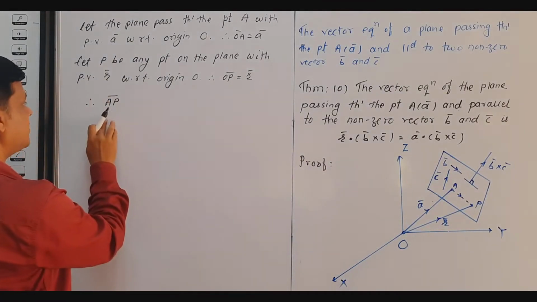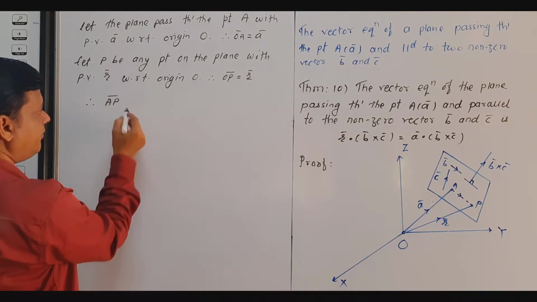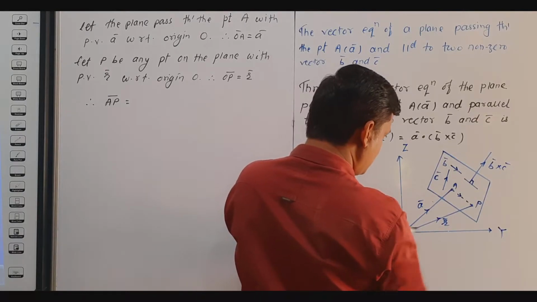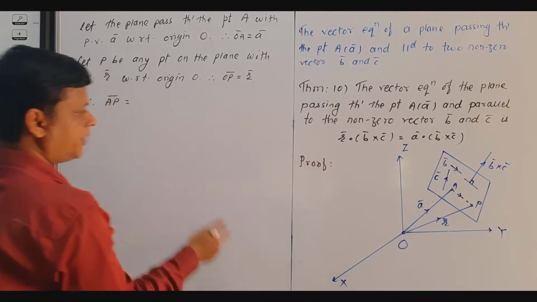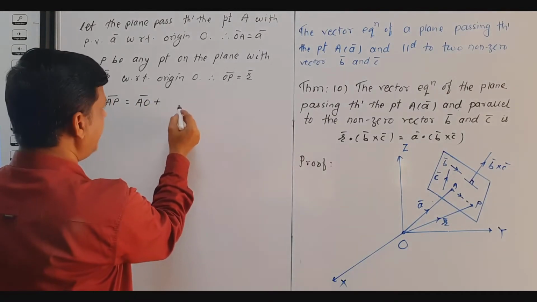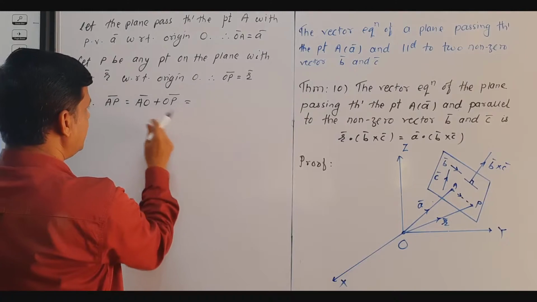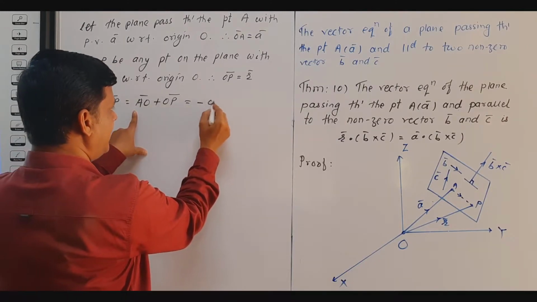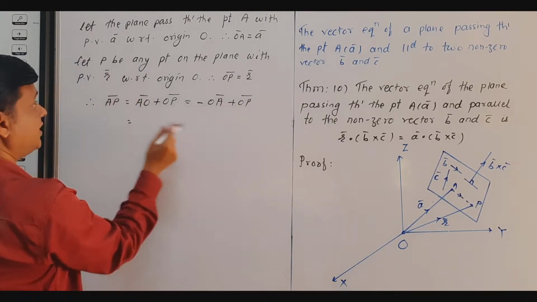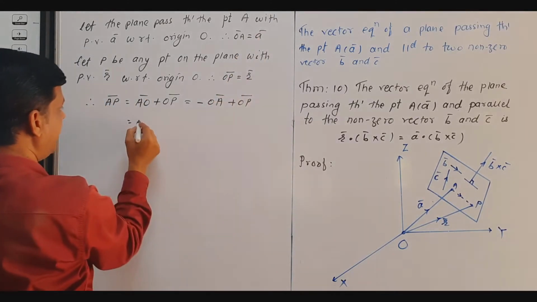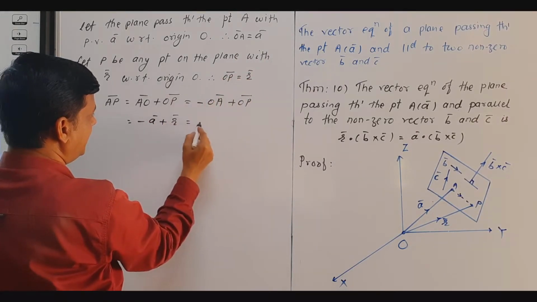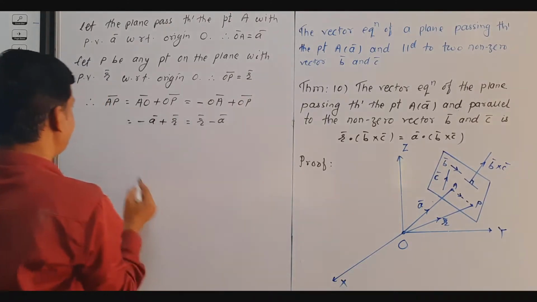So we first find the value of vector AP: AP equals AO plus OP. This vector AO can be written as minus vector OA plus vector OP. Now this vector OA is A bar, so we write minus A bar. This vector OP is R bar, so we get R bar minus A bar.